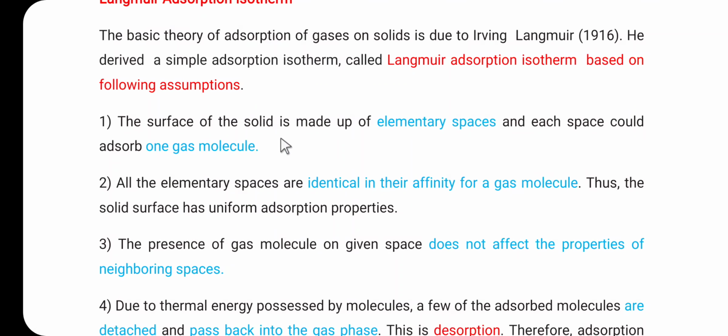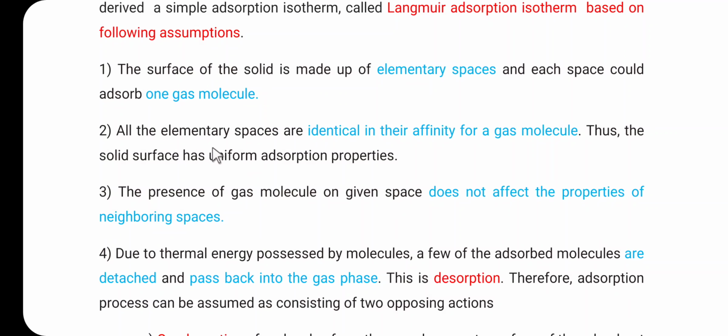The basic assumptions of the Langmuir adsorption isotherm are: the first one is that the surface of the solid is made up of elementary spaces and each space can adsorb one gas molecule. So various elementary spaces are available on the surface of the solid, and each space adsorbs one gas molecule. The second is that all the elementary spaces are identical in their affinity for the gas molecule.